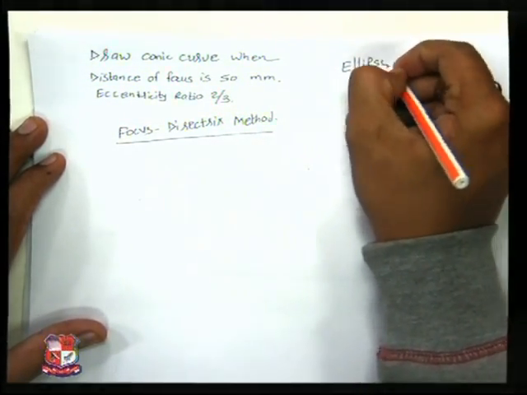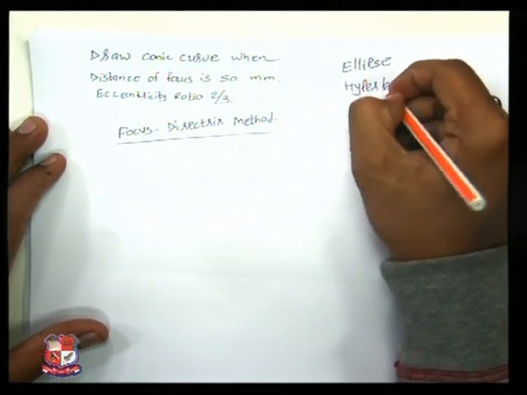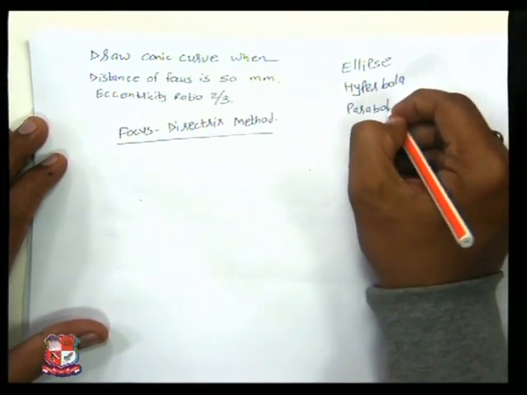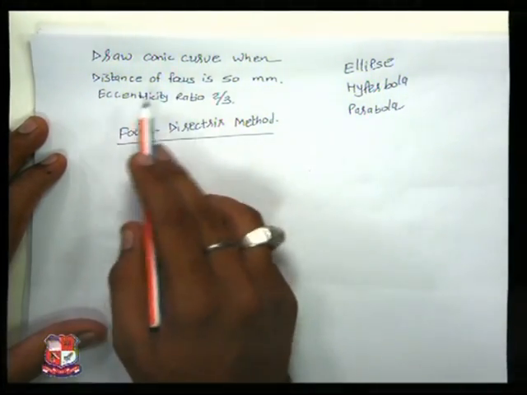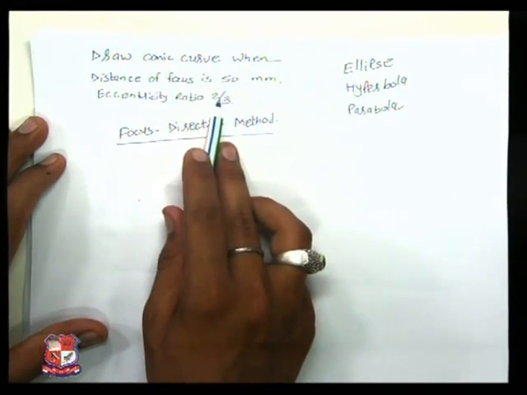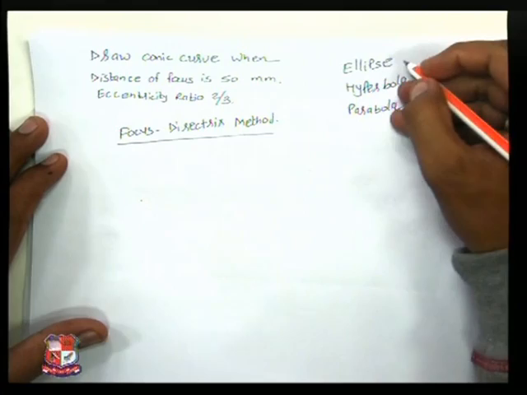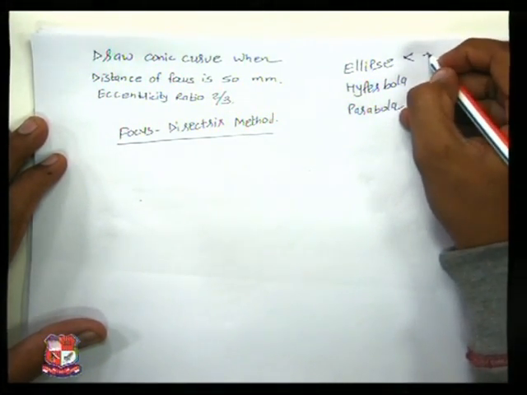Now in this focus directrix method, you can draw all three: either ellipse, hyperbola or parabola. The distance of focus would be the same, only the change would be in the eccentricity ratio. For the ellipse, it would be less than 1.